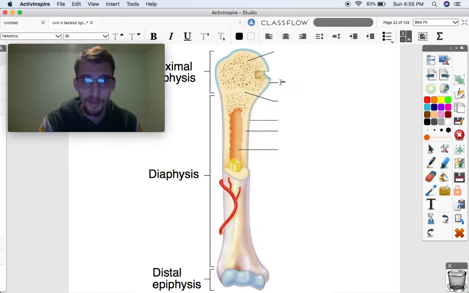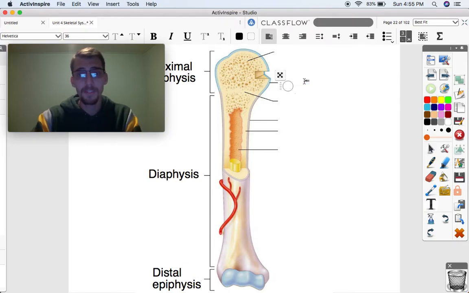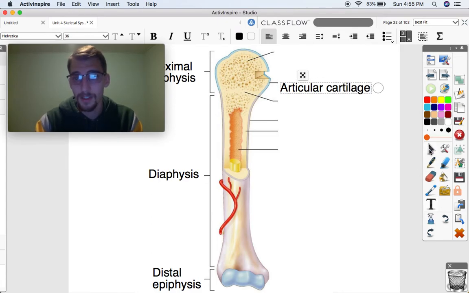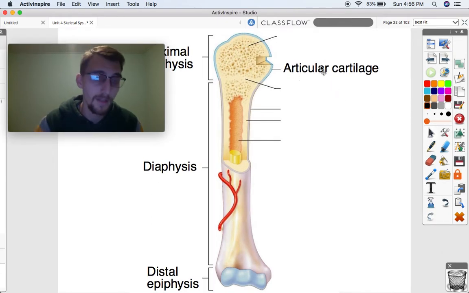This blue stuff right down here, lining the top of this proximal epiphysis, is what we call articular cartilage. Articular cartilage covers the ends of long bones, and its idea is to reduce the friction between joints, right?